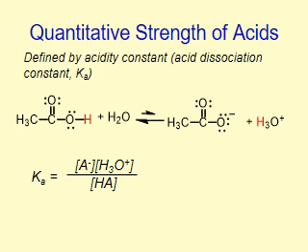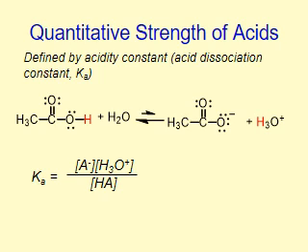And the degree to which an acid dissociates is indicated by the acid dissociation constant, or Ka, which of course is related again to the equilibrium constant. And if you remember from general chemistry, equilibrium constants are the ratio of the concentration of the products over the concentration of the reactants.